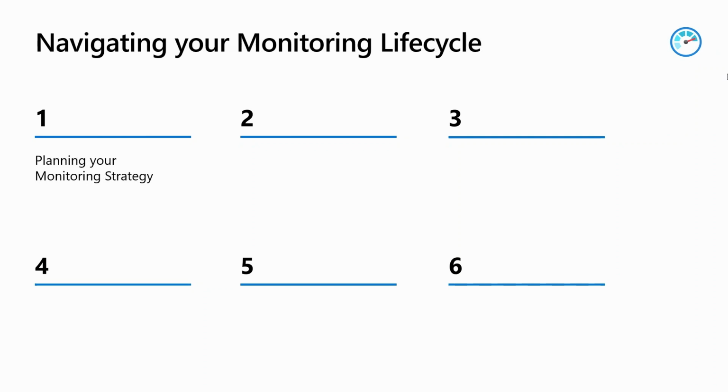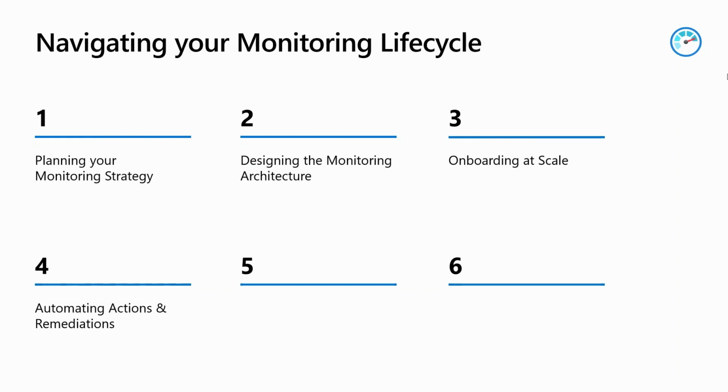We'll talk about how you plan your monitoring strategy to begin with. We'll discuss how you can best design your overall monitoring architecture. How do you then onboard your environment at scale to be effectively monitored? Once you have done that, how do you set up automations and remediations and basically operationalize your entire environment efficiently?